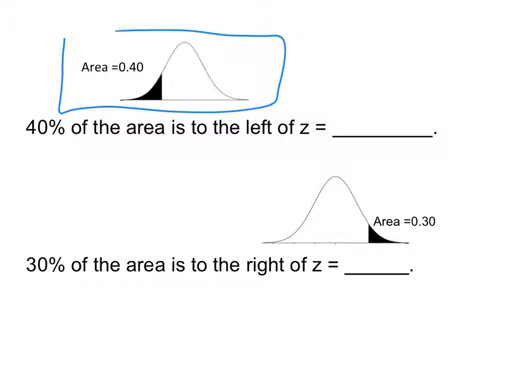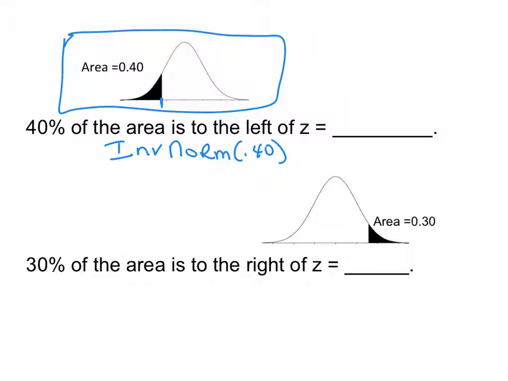If I look at this picture here, what the picture is telling me is that the shaded area is 40% of the curve. And I'm looking for the z-score that divides the shaded area from the unshaded area. Now, since the area they tell me is already to the left of the z-score, all I need to do on my calculator is inverse norm of 0.40. Now, inverse norm of 0.40 doesn't equal anything.